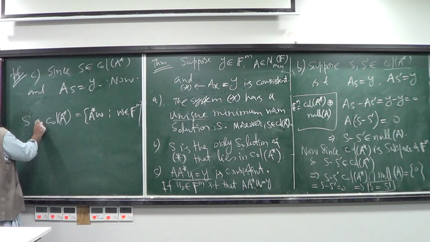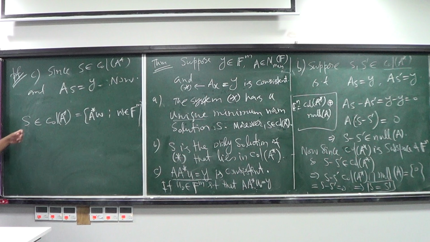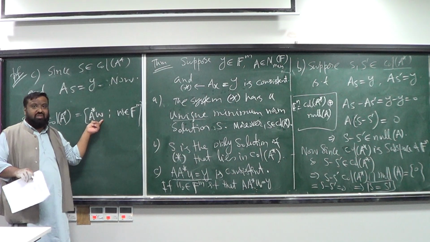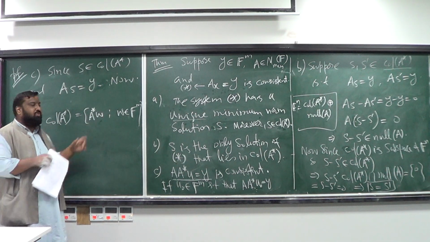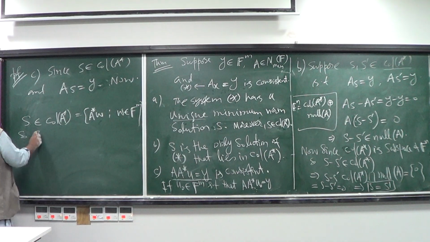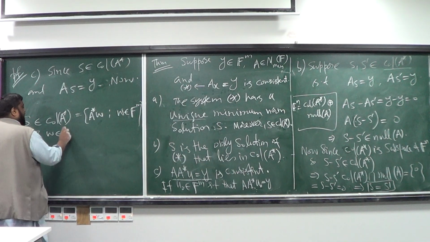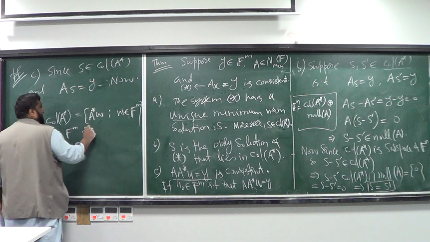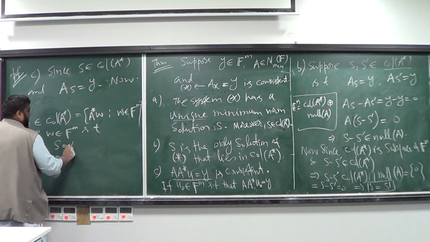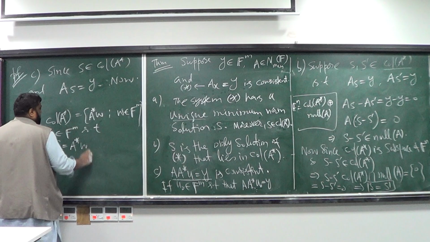Now as S belongs to this, then S must be of this form. So there exists a W in Fm such that S equals A star W.